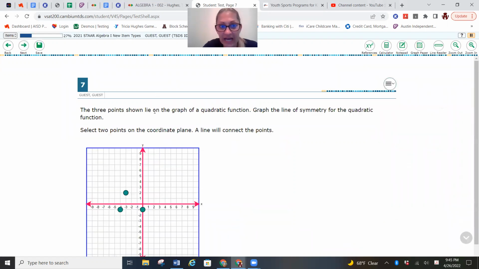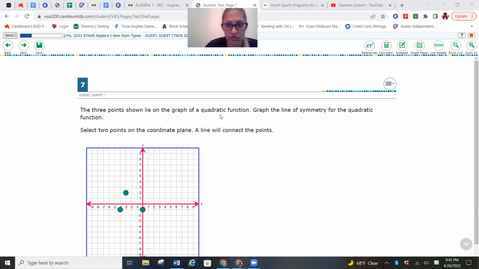These 3 points lie on a graph of a quadratic. Guys, you know a quadratic with these 3 points must go like that. When we know quadratics, we know that what this side does, so does that side, and the middle is in between, right? We want to graph the line of symmetry.